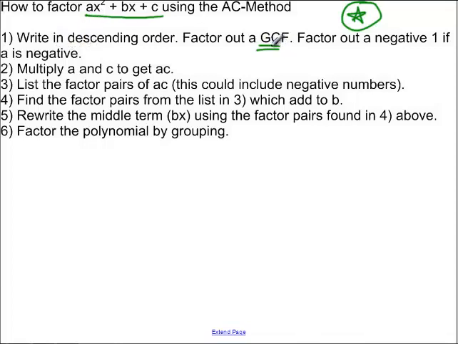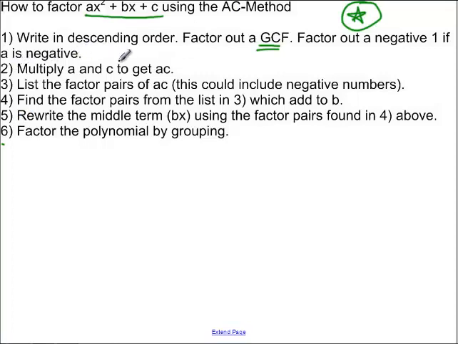So make sure that if you factor out a greatest common factor, keep it in the factorization. And then finally, factor out a -1 if a is negative. If that a is negative right up here, then you have to say, I need to factor out a -1 because that will make our life, again, that much easier. Okay, so that's step number 1, make our life easier. And then 2, 3, 4, 5 and 6 are basically the essentials of the AC method.